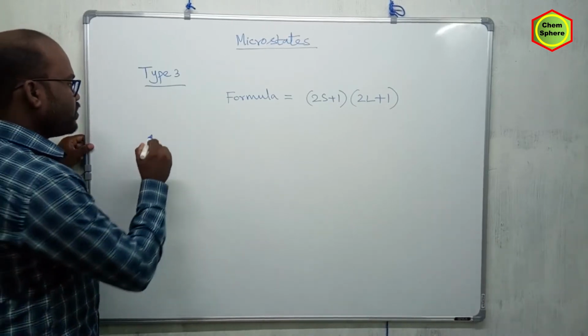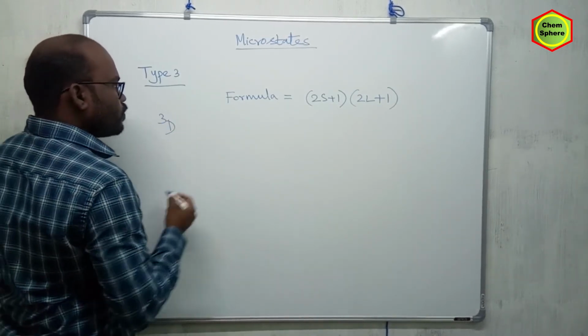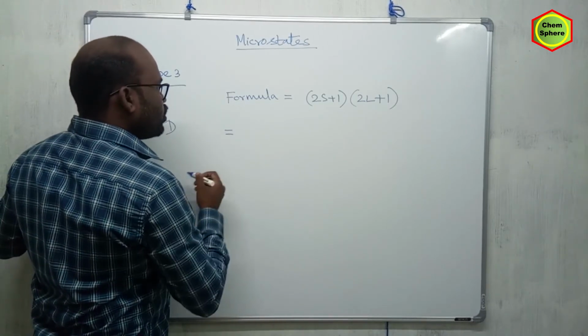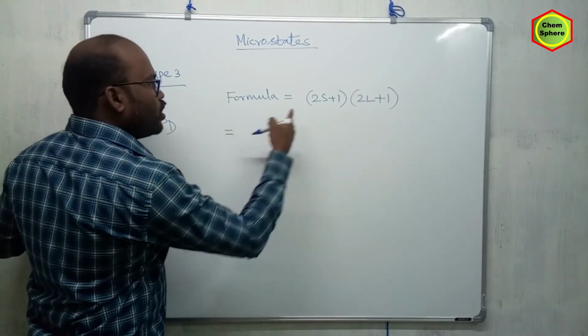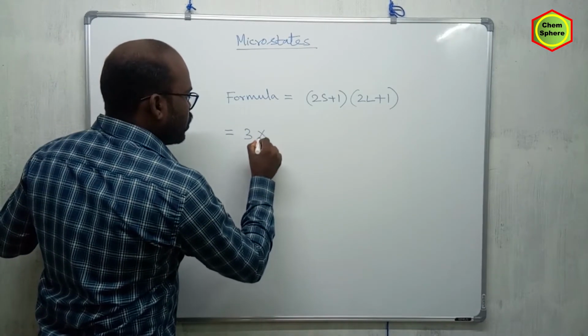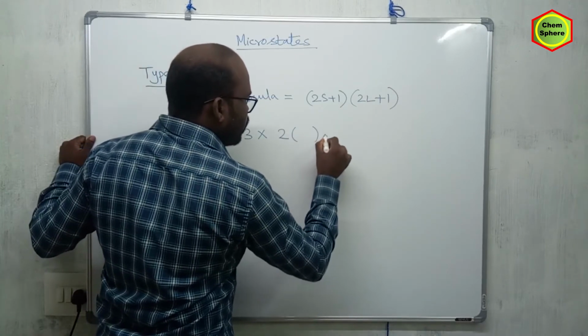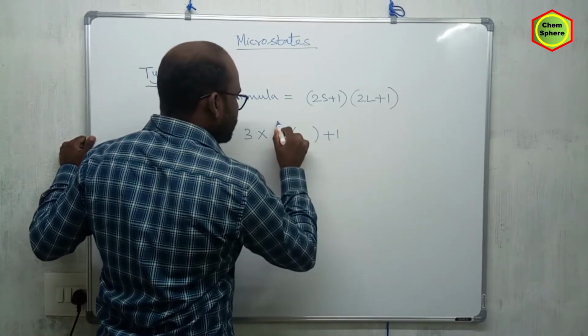Let's take one example. Triplet D. When we apply into the formula, spin multiplicity 2S+1 is 3, into 2L+1.